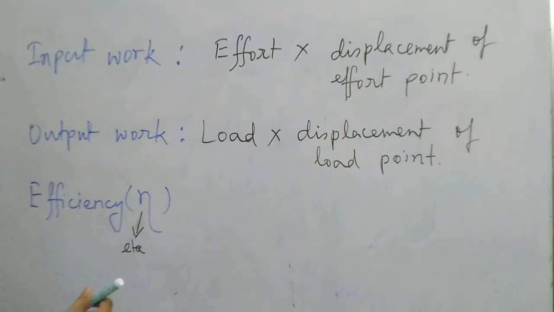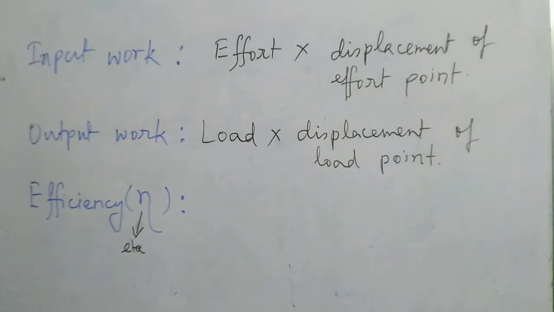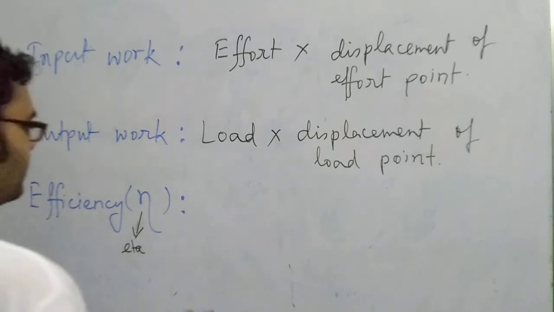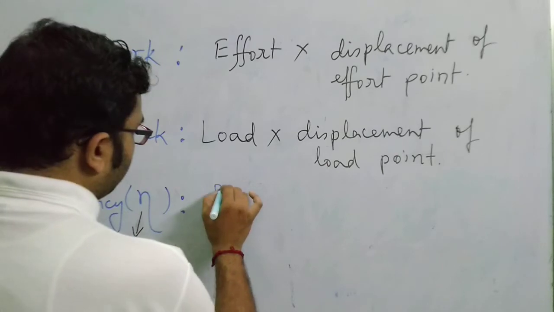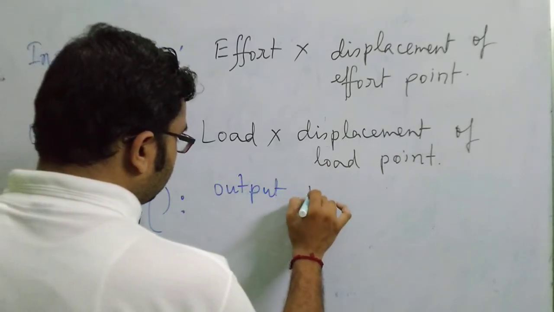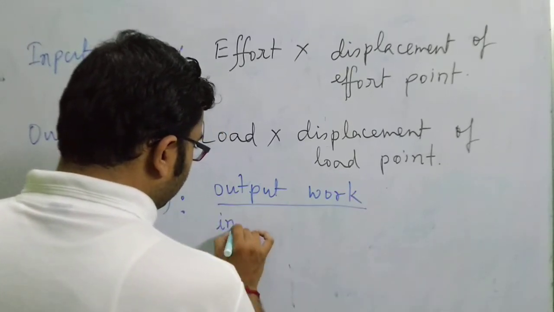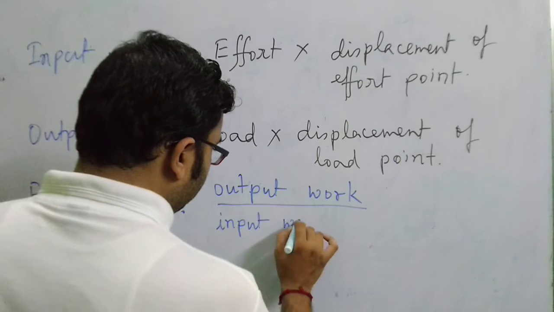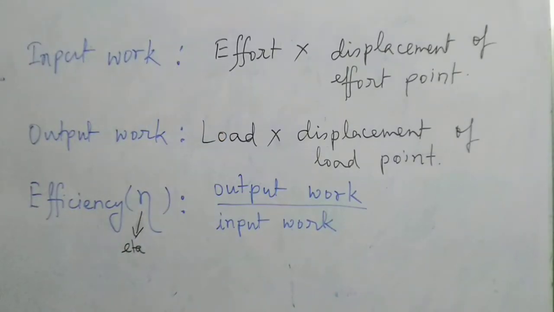Efficiency can be defined as the output work by input work, or rather you should say useful output work. So efficiency can be defined as the output work by input work. So this is the definition of efficiency.